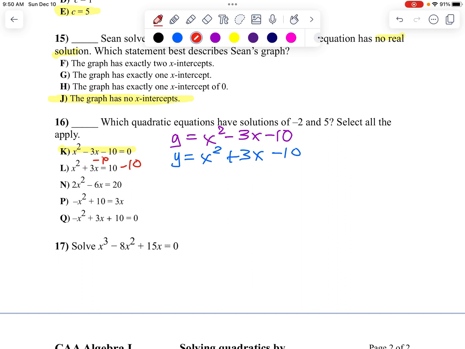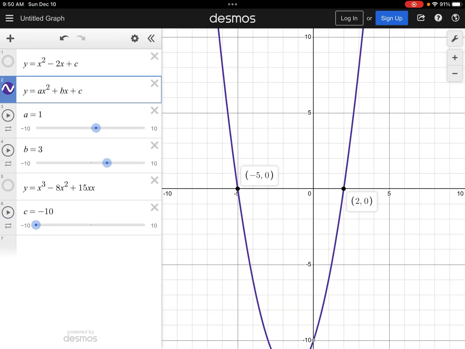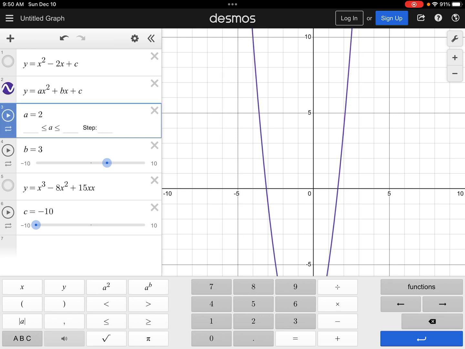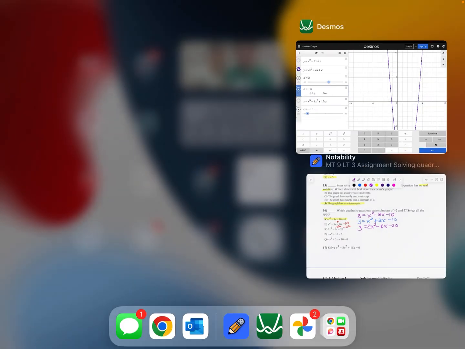On the next one, we're minus 20 from both sides. So then we're going to get y equals 2x squared minus 6x minus 20. So I'm going to change those values. So A, I want to be 2. B, I want to be 6 or do I want that to be negative 6? I think that's negative 6 if I remember.